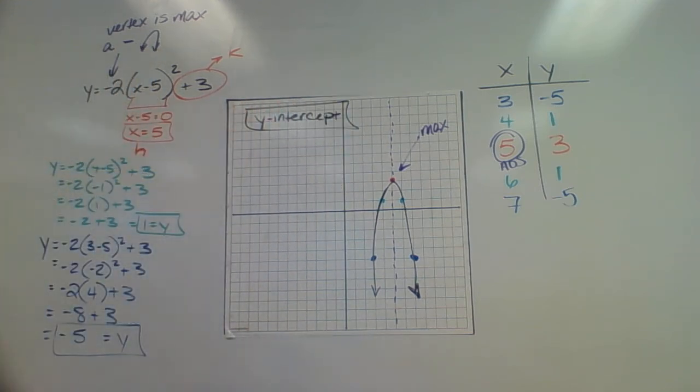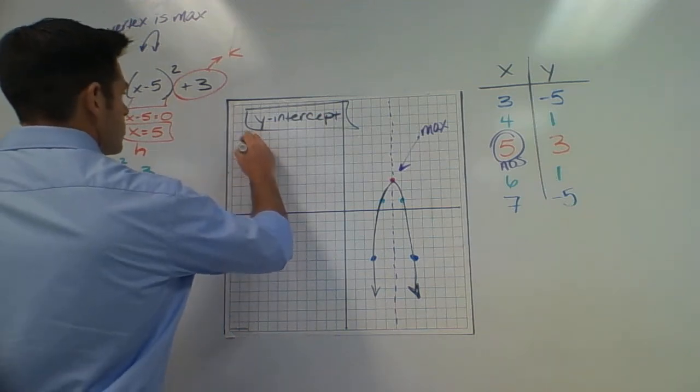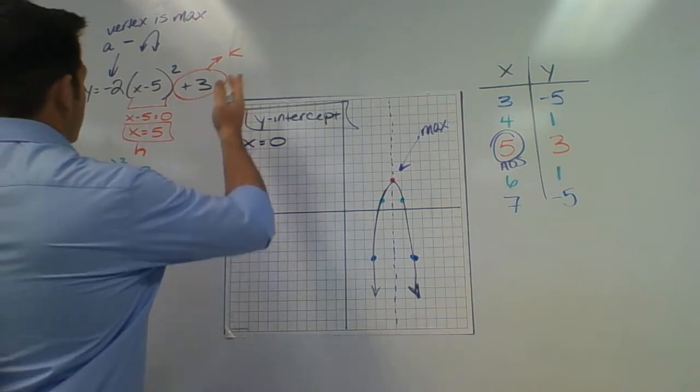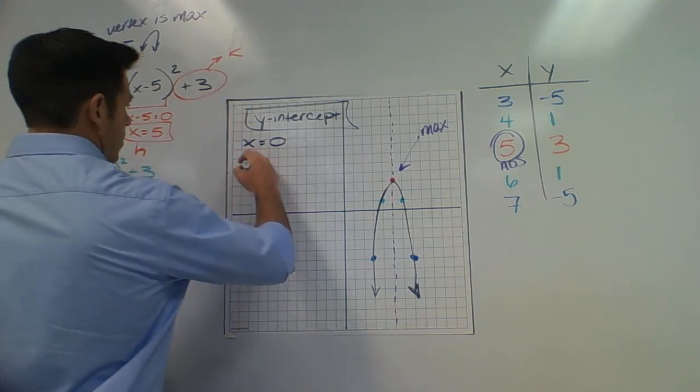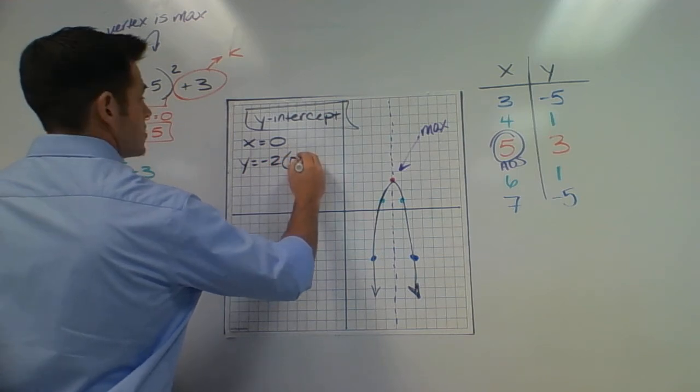When I'm trying to find the y-intercept, my x value is always 0. So I'll go ahead and I'll take our function that we started off everything with, and I'll plug in 0 wherever I see the x.